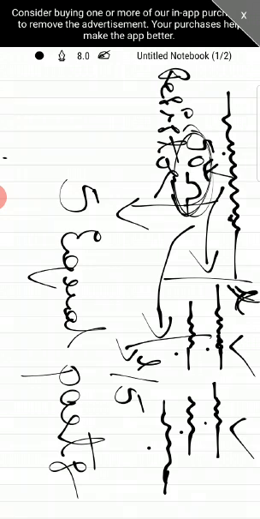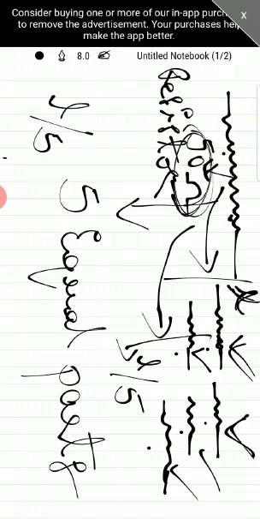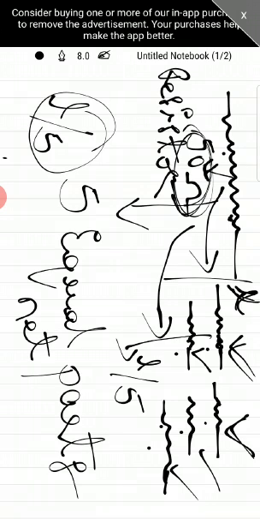So the length of each part is L by 5. Now when we join all these 5 parts in series, what will be the net resistance?